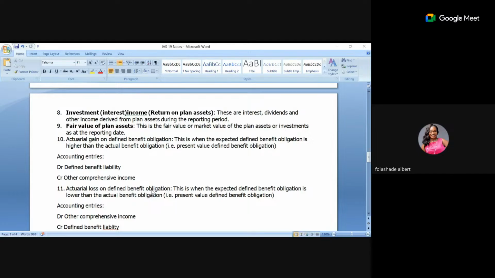Sorry, that one is P&L. So investment property, P&L. For PPE, it is OCI. Mr. Folashade, do you agree with that? For investment property, P&L. For PPE, OCI.